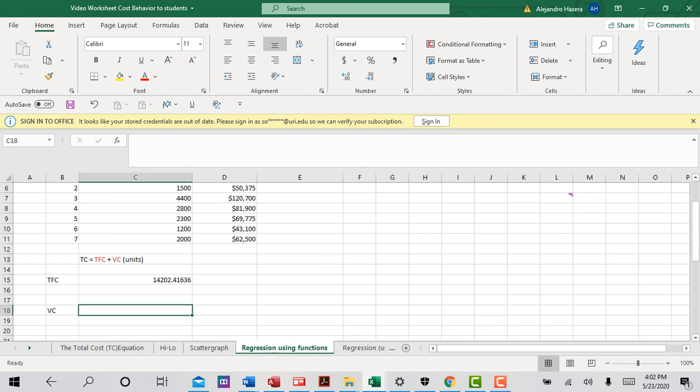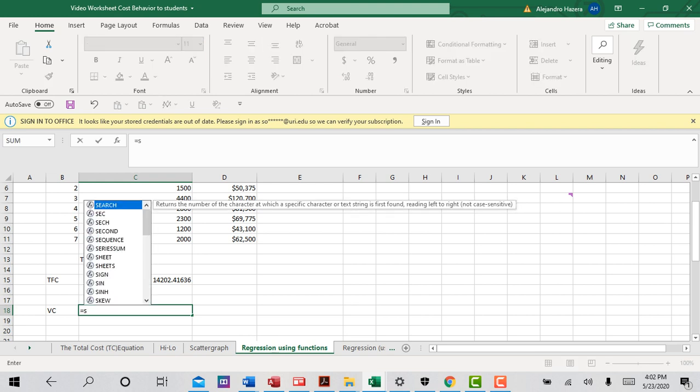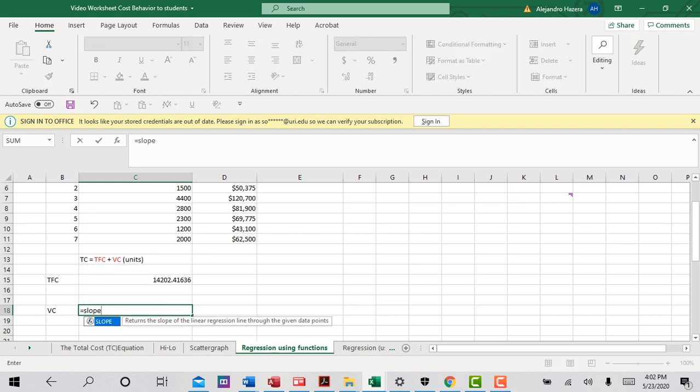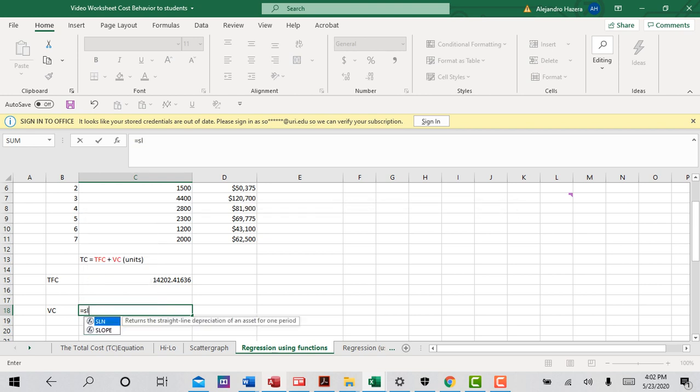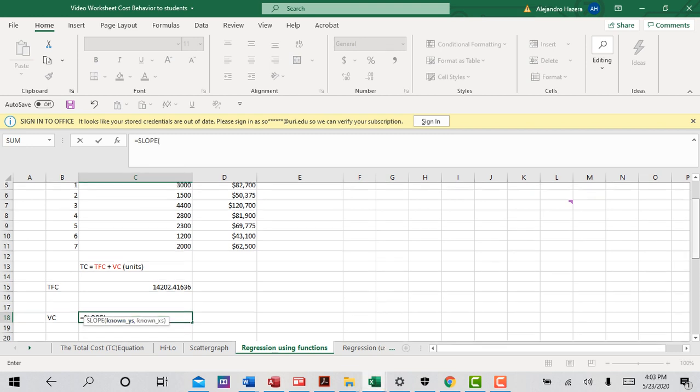Using the function here, we're going to go equals slope, and we'll click on that. It comes out, so click on where it says slope. Notice that once again it says insert known y's, known x's.